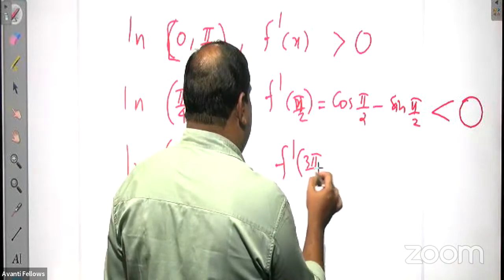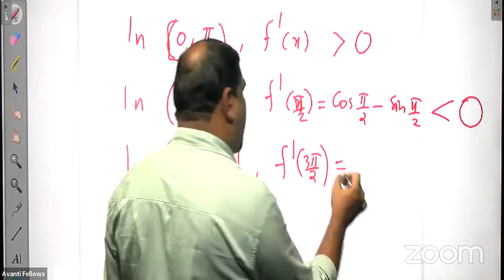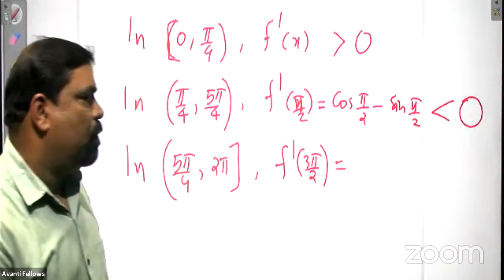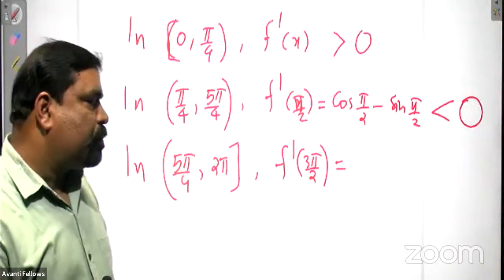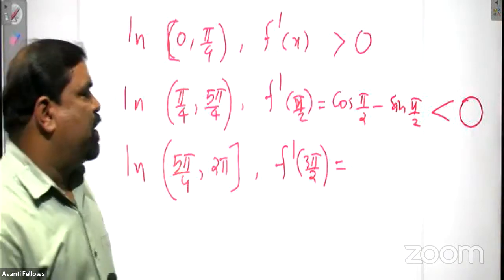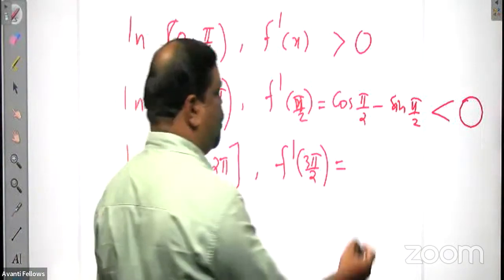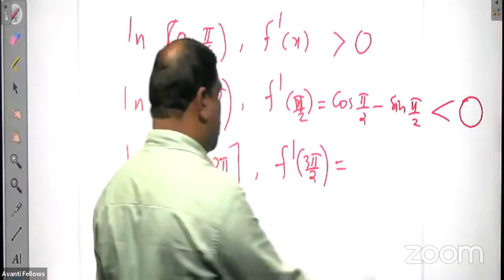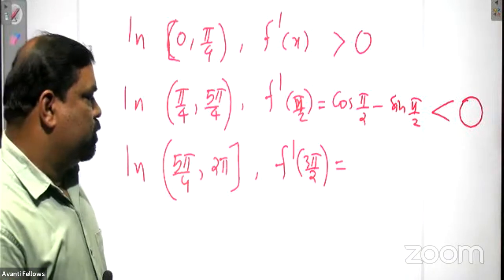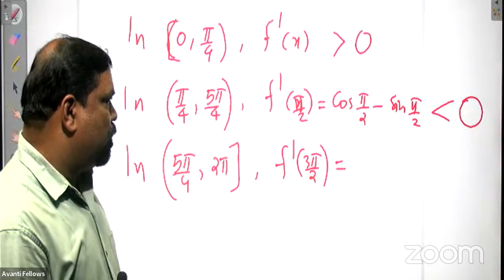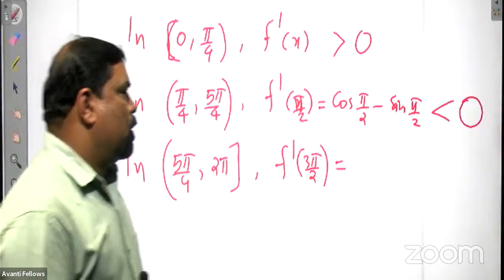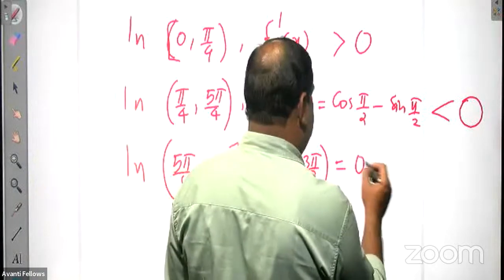Then see the sign of f dash of 3 pi by 2. Cos 3 pi by 2 is 0.